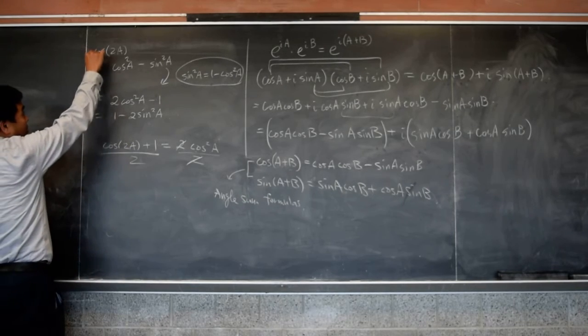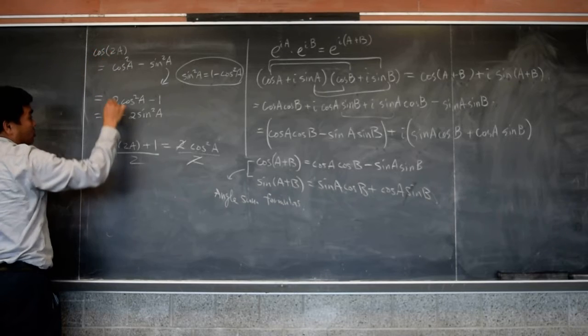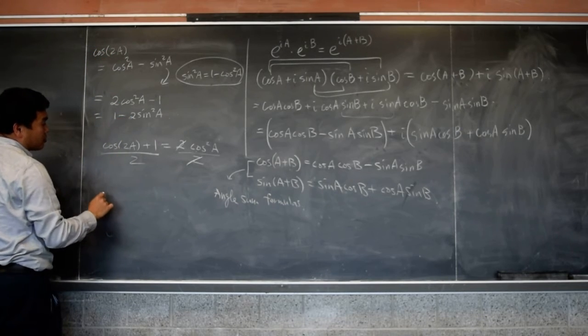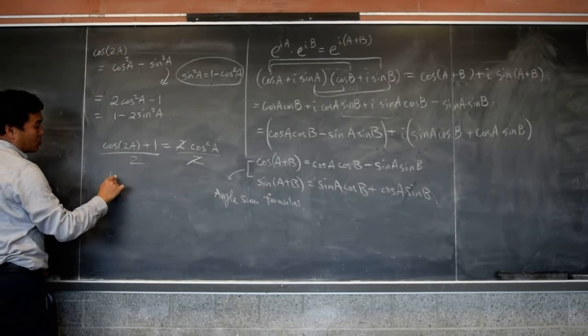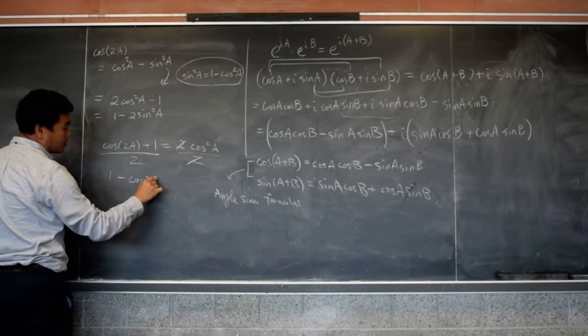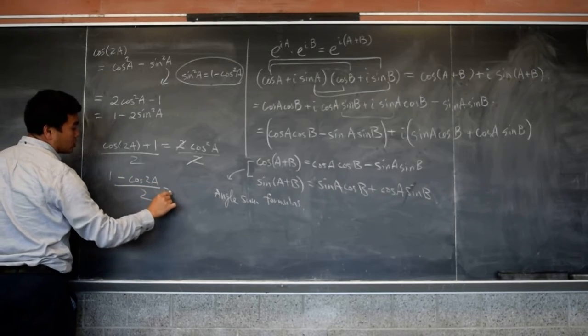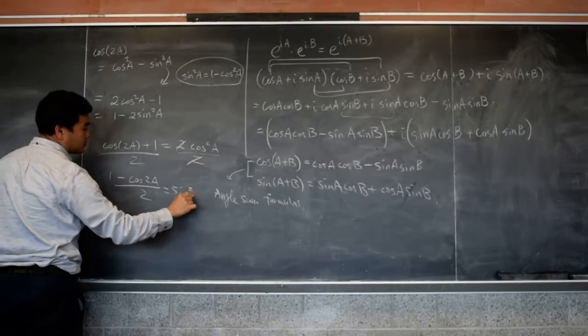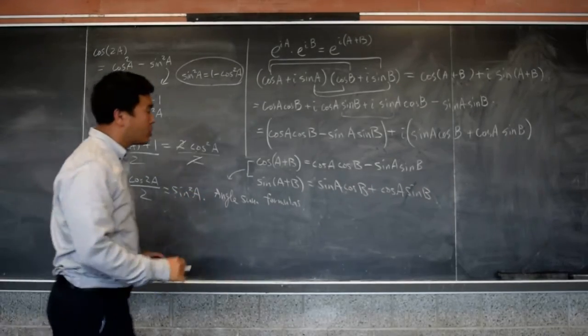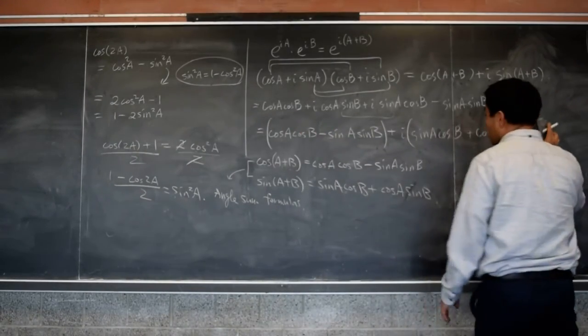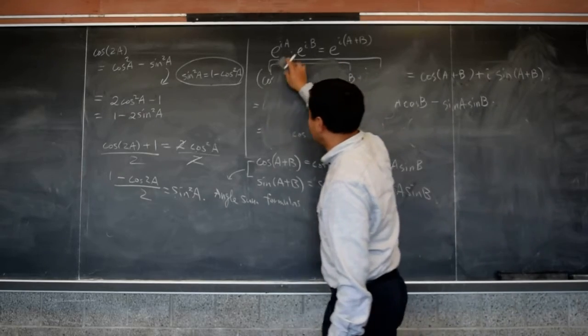And you can also solve this equal to that for sine squared, and the result is that you get 1 minus cosine 2A over 2 equals sine squared of A. Okay, so we put a lot of formulas up here.